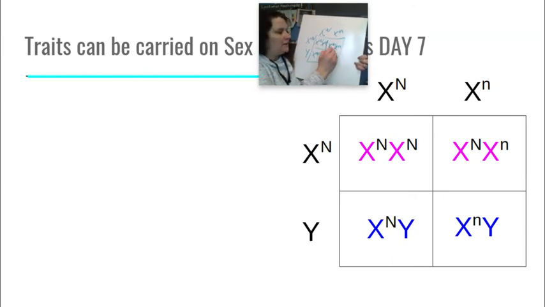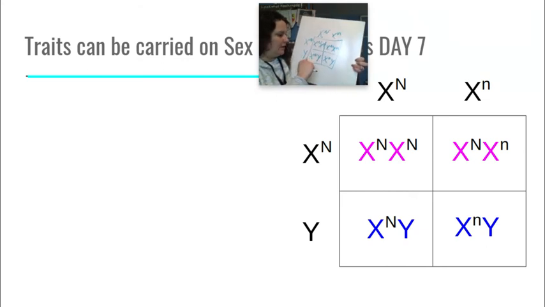This one, XX, girl again, she does have that big N dominant trait, meaning she's not going to have color blindness, but this one has the lowercase n. So that means normal girl carrier. Because that means she's heterozygous for it and could pass that on to her offspring.